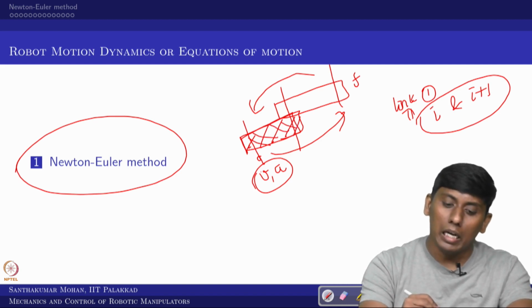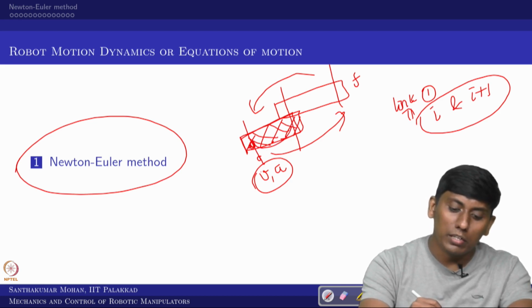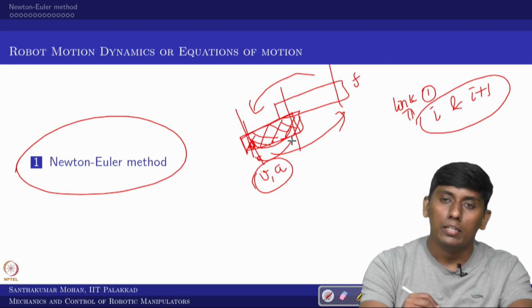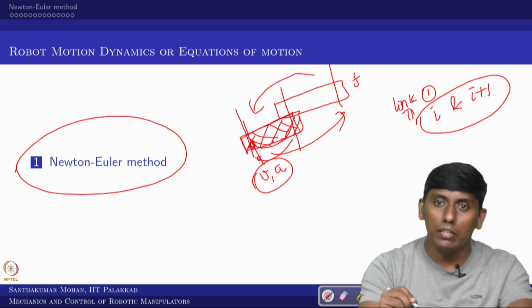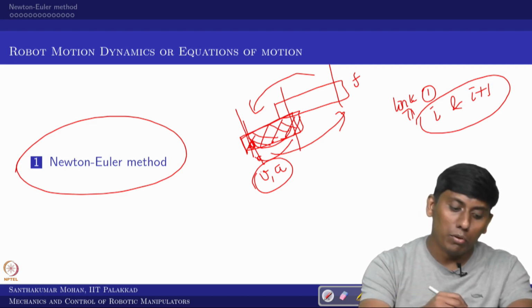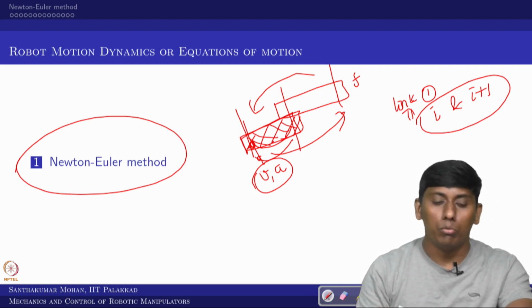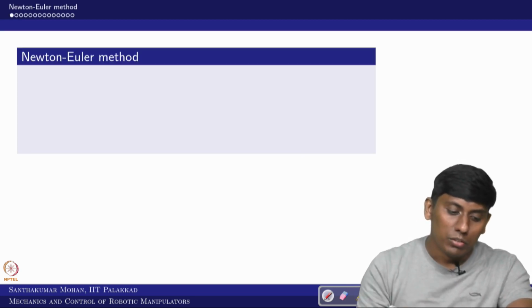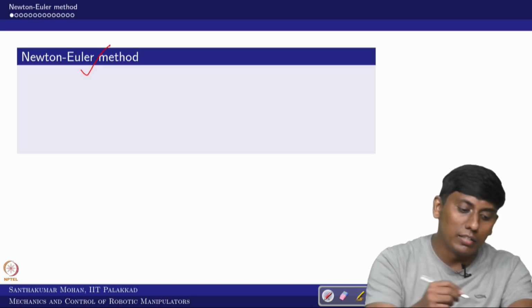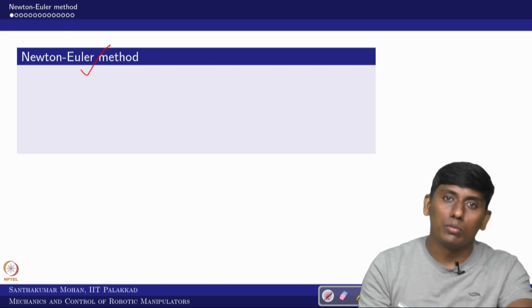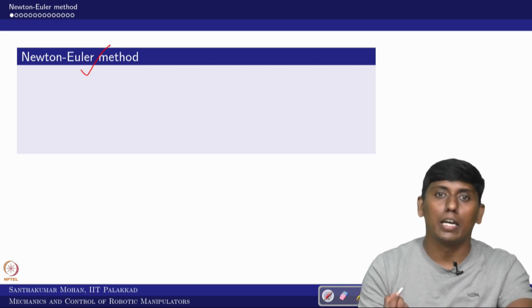So that we would be clarifying, and then we will go through the velocity propagation and acceleration propagation from one joint to another joint. So we would be doing a 3-stage process. That 3-stage process is what is called the iterative Newton Euler method. Now we will go to the generalized Newton Euler, which is based on linear momentum and angular momentum.